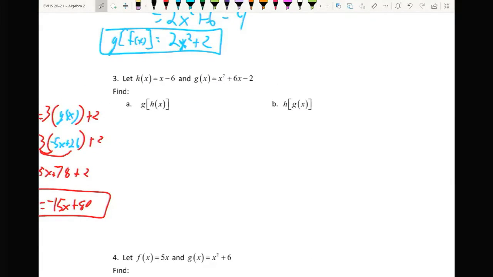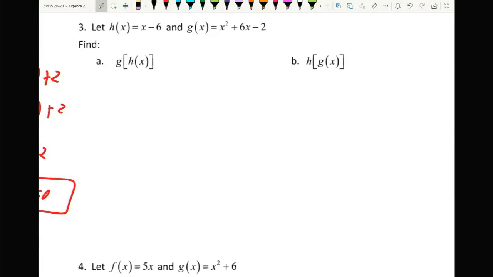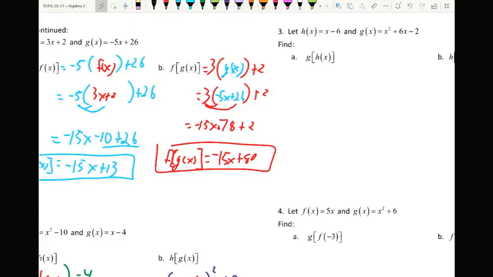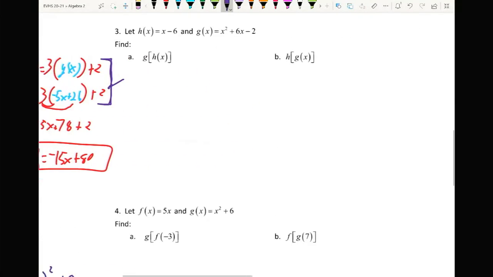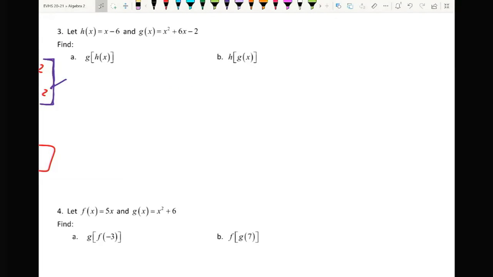Now, for number 3, something I'm going to start doing here is I'm going to stop writing out both of these. I'm just going to jump straight into the bottom one. So we've got g is x squared plus 6x minus 2.